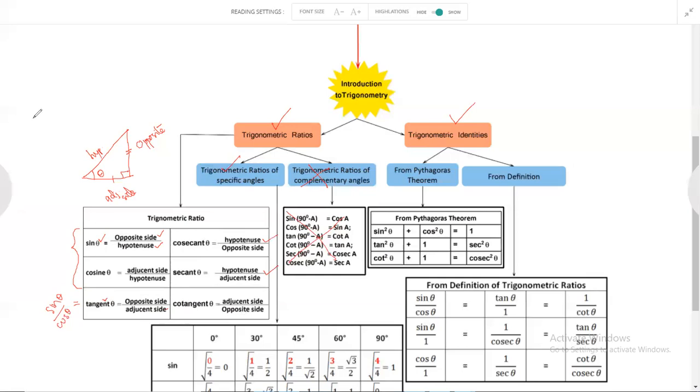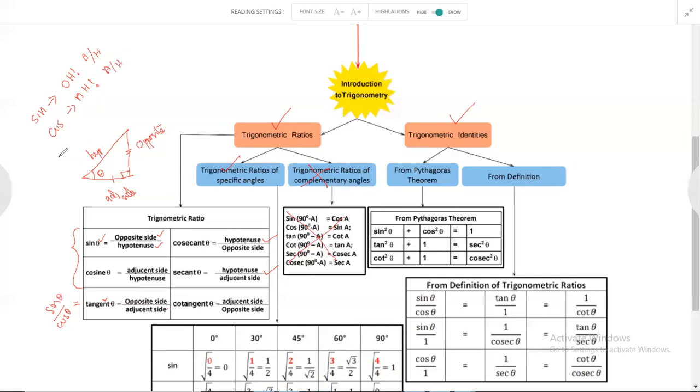Now, you can remember it even like this: sine is opposite by hypotenuse, and cos is adjacent by hypotenuse.